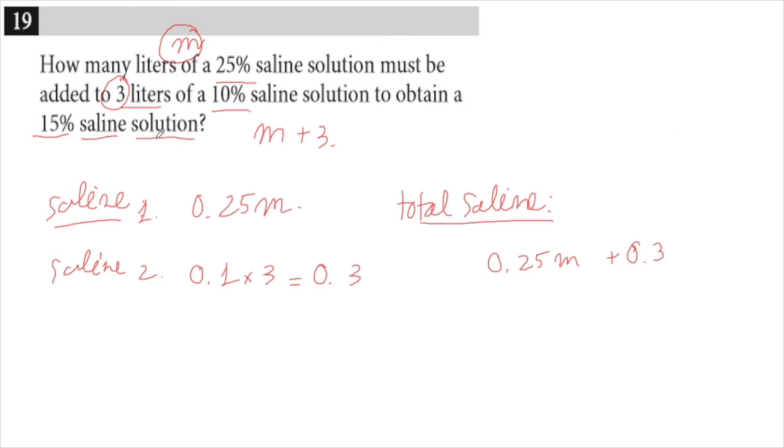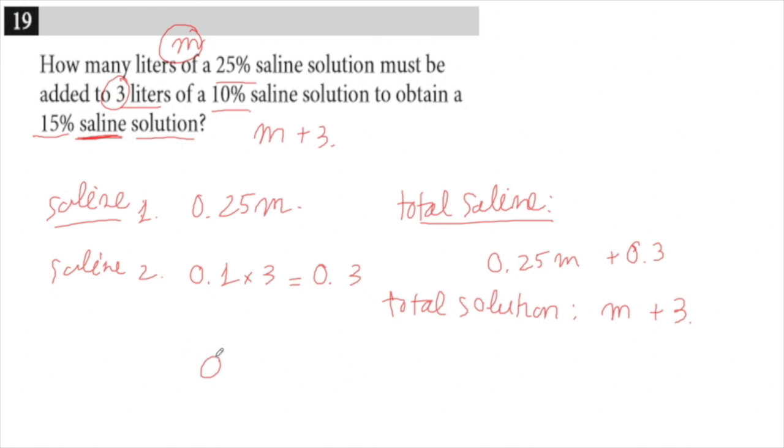It means the volume of the salt divided by the total volume of the solution will be equal to 0.15. Here is the total of the salt, and the total of the solution of both solutions will be m plus 3.